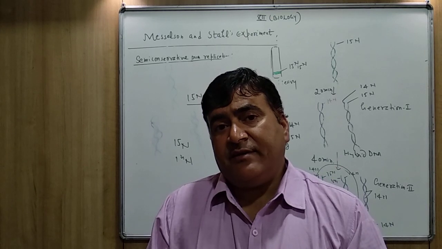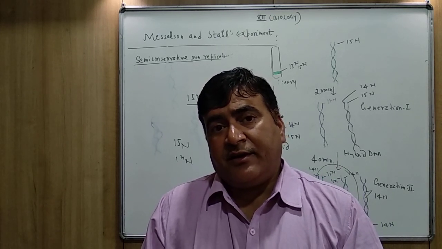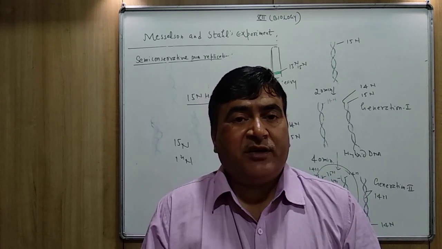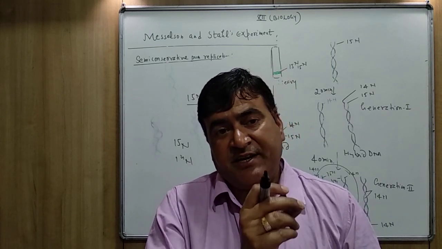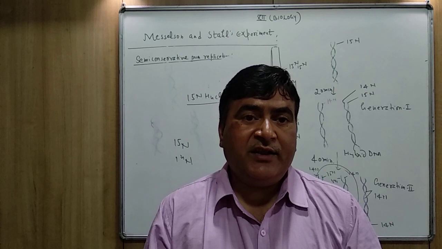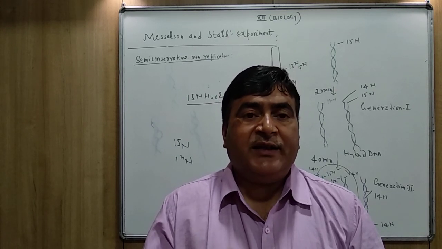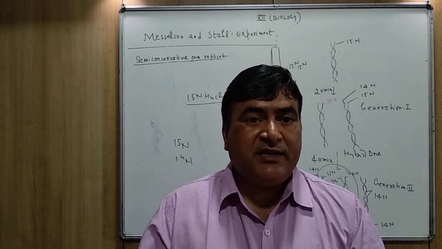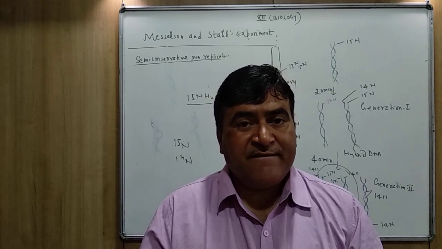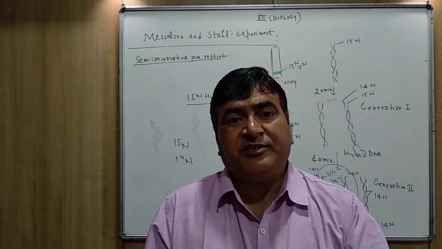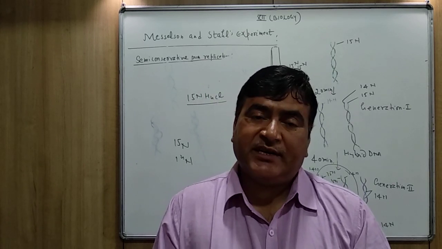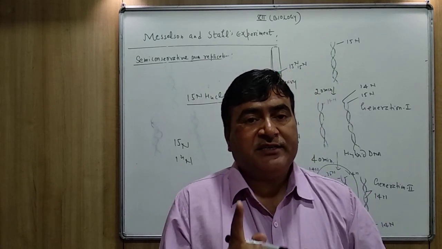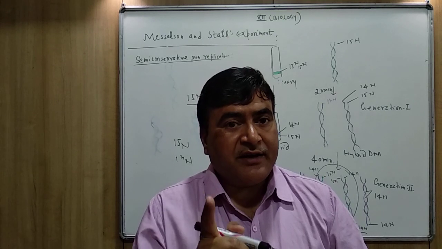Semi-conservative means that when a new DNA molecule is synthesized, out of two strands, one is retained from the parent, or old strand, while the other one is the newly synthesized strand. If out of two strands one is old and one is new, such a type of DNA replication is called the semi-conservative method of DNA replication.